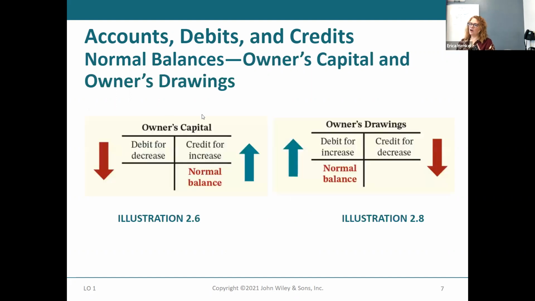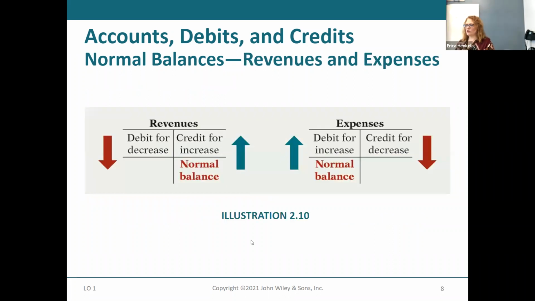Okay, and then they actually have a separate slide here for the owner's capital. Same format here for owner's capital, like capital investments. And then they have owner drawings here. They don't specifically call this out on this slide, but on the next one they'll show you how this works for revenues and expenses. I do like that they have a separate slide for revenues and expenses.